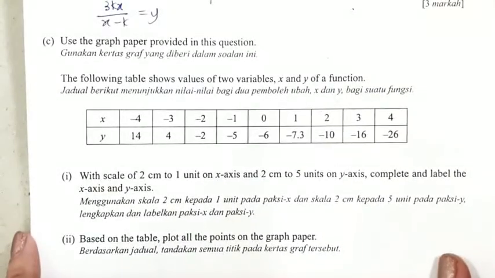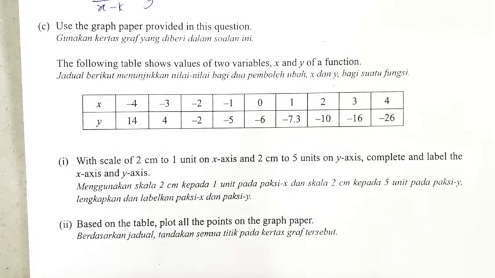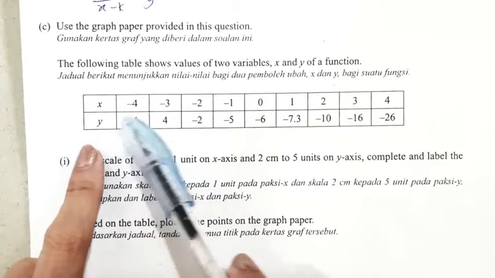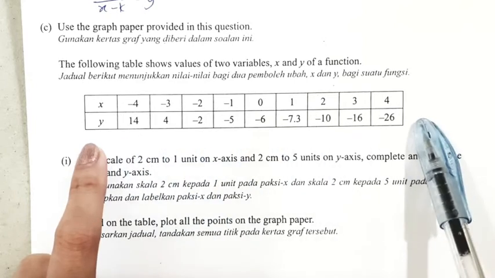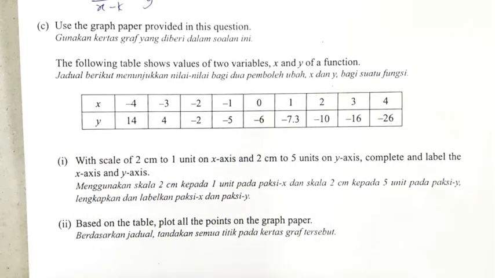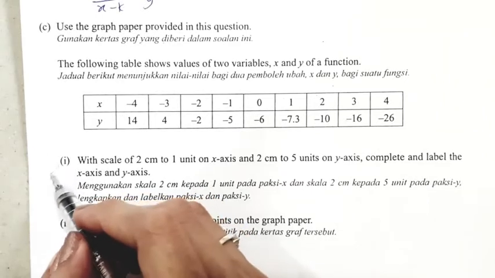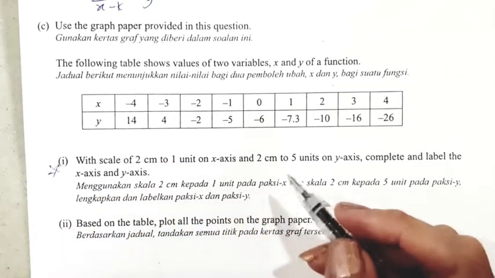Now next, the last part, the easiest one to score, which is plotting the graph. Use the graph paper provided in the question, and this table of values will tell us what value to plot. But the most important is looking at the instruction with the scale 2 cm to 1 unit on x-axis.